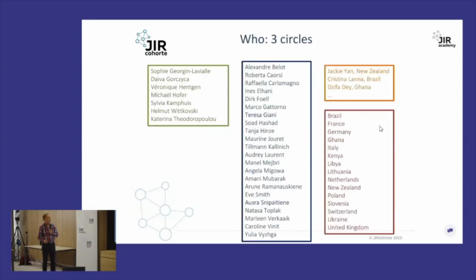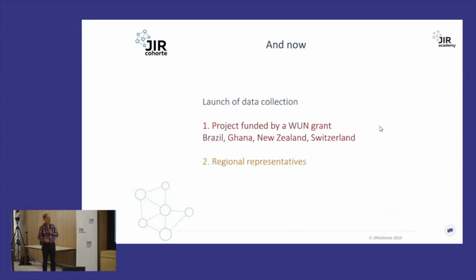And if I come back, you see here that Jackie Jan from New Zealand, Christina Lana from Brazil, and Difa Day from Ghana are already participating and will be our local representatives within this project. And now we need other regional representatives.